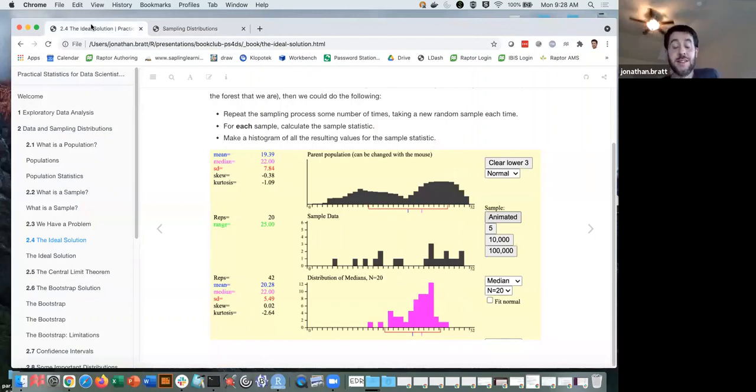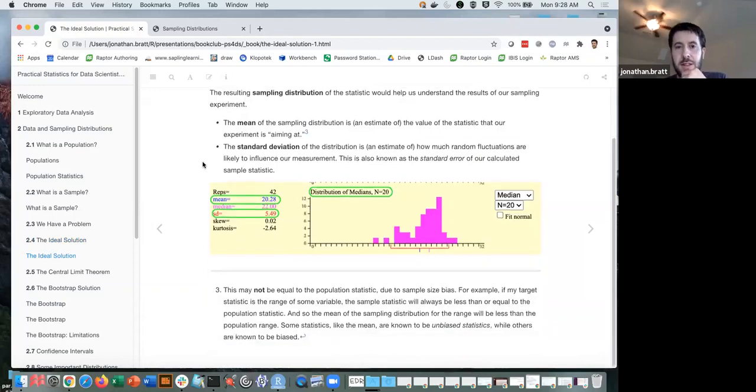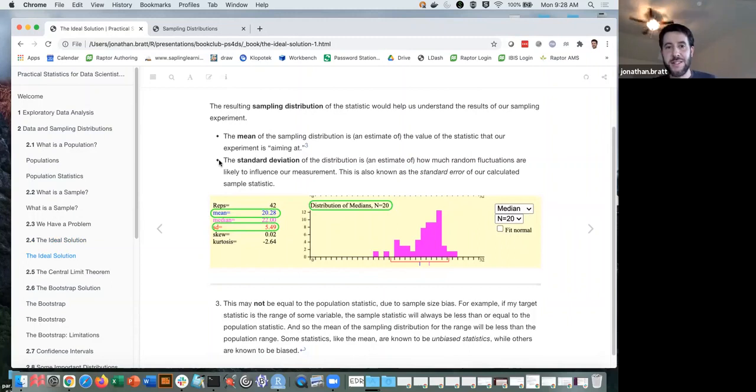So what I'm describing is, in an ideal world, conceptually what we want to do: we want to do our experiment 1,000,000 times. We want to draw 1,000,000 samples and see what the distribution of sample statistics is. And as I was saying in the demo, the distribution of those sample statistics, which is called the sampling distribution, helps us understand the results of our sample experiment.